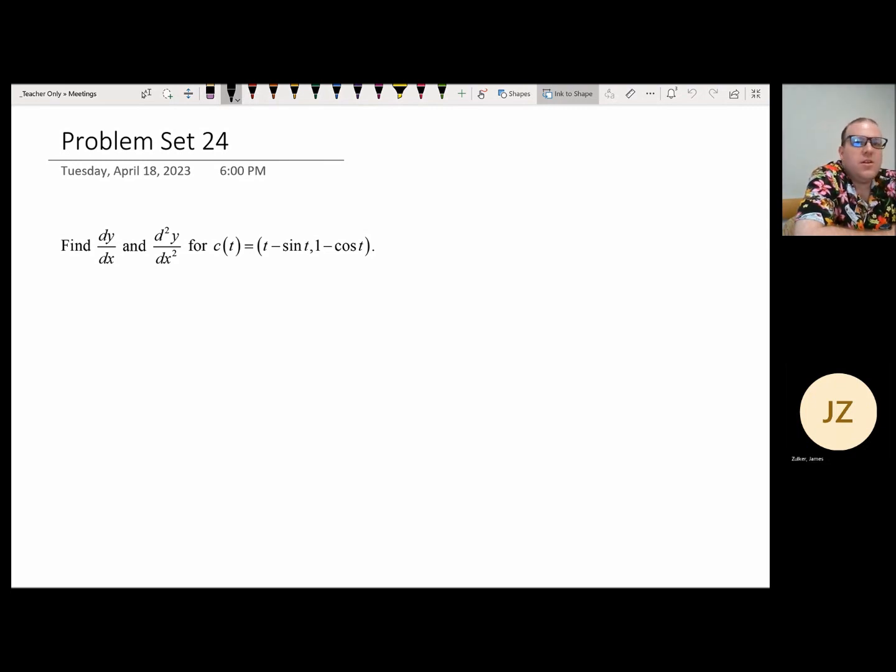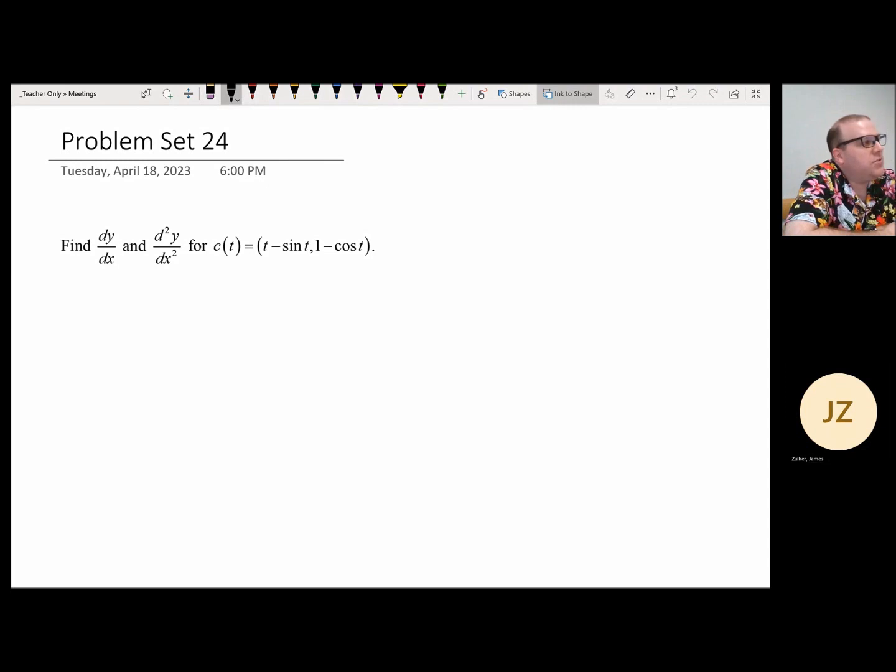How would you do it? Solve t for x, and then plug that into the y equation. Right, so x equals t minus sine of t, you'd solve that for t in terms of x, and then replace whatever you get into the t in the y, and that'll give you y equals f of x. That's typically how you eliminate the parameter.